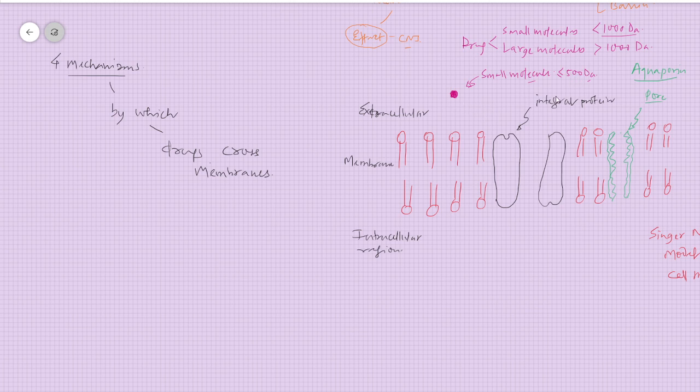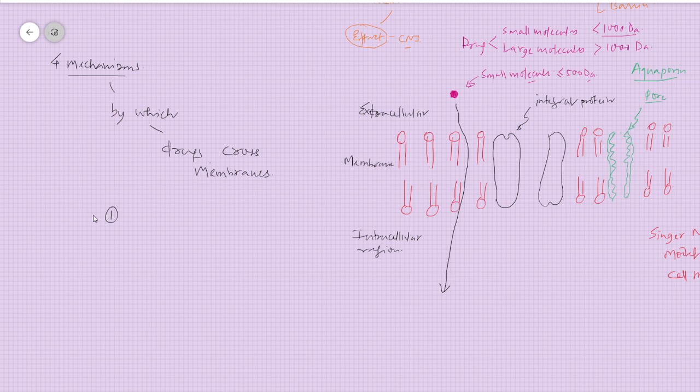So this drug can cross the membrane by a process called passive diffusion. So it can diffuse through the membrane. This is the first mechanism by which the drug can cross the membrane.